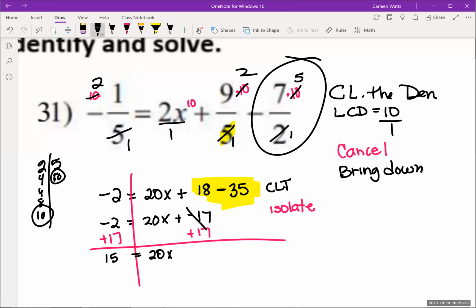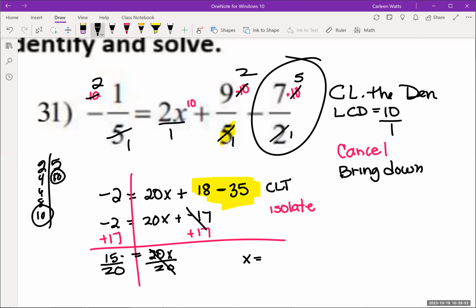Okay, last step. It's not going to be a whole number. It's going to be a fraction. Last step is to divide. So the fraction is going to have what number on the bottom of the fraction? The 20, right? Because we're isolating the variable. Okay, 15 over 20.